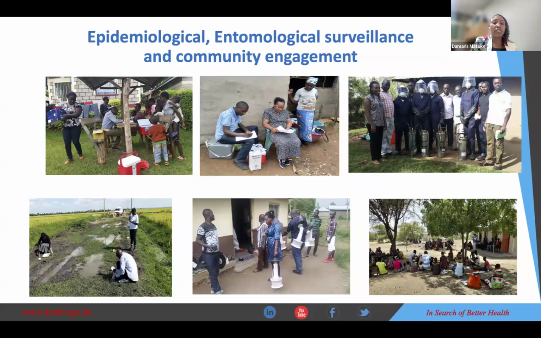We also do vector sampling at the sites where we anticipate vectors, community adult sampling using light traps and Prokopack, and sensitize communities on the disease, especially in dry areas where we initially did not have malaria, so we needed to do education programs.